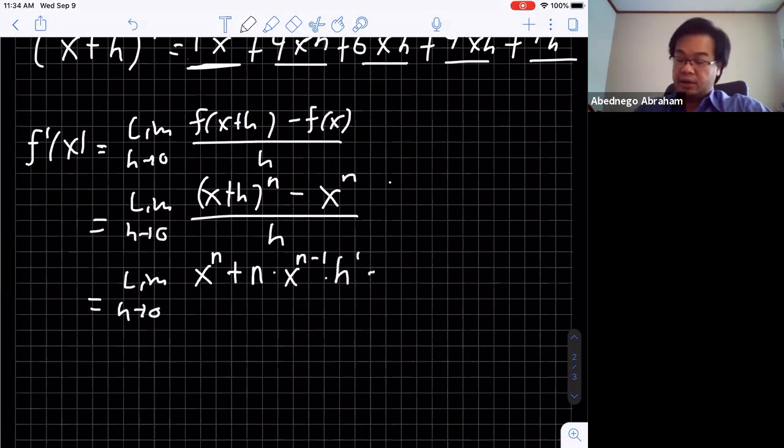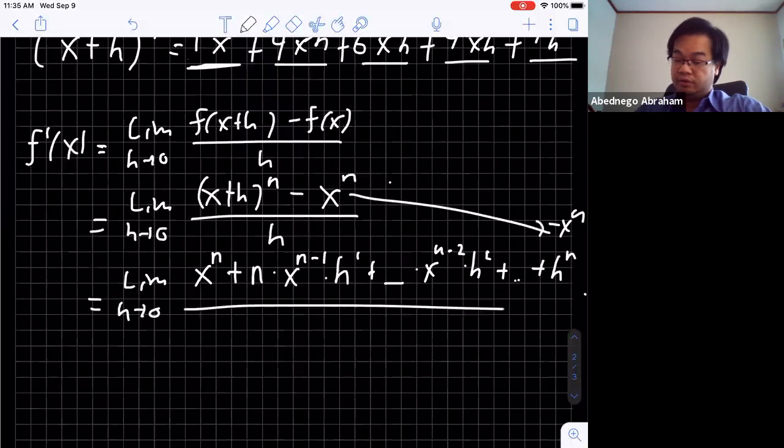And then the coefficient will be something times x power of n minus 2 times h squared, until h power of n, right? And there will be n plus 1 terms in between, minus x power of n, all over h.